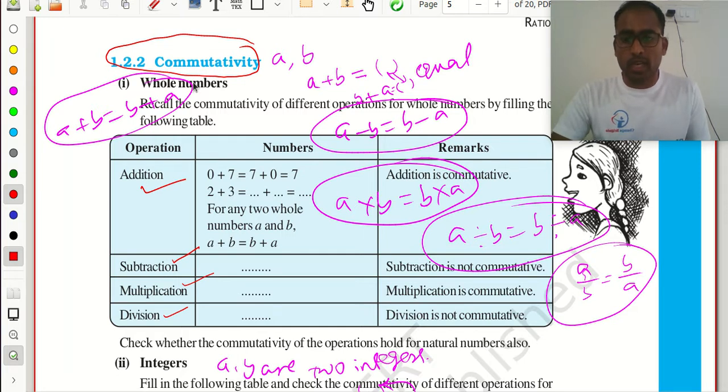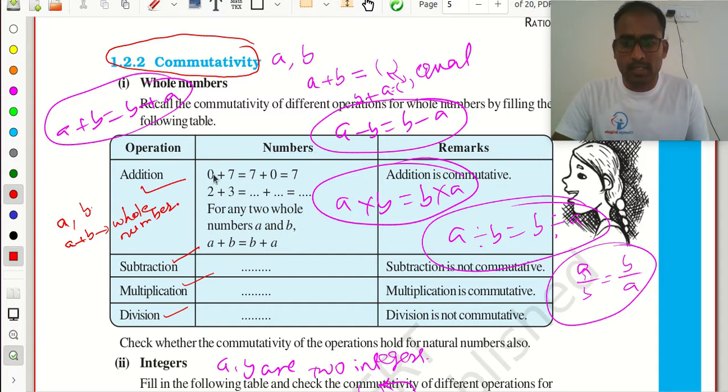For addition, I have two whole numbers a and b. A is a whole number, b is also a whole number, and the addition is also a whole number. Then I can say these whole numbers are commutative under addition.